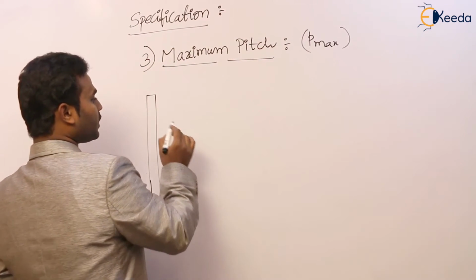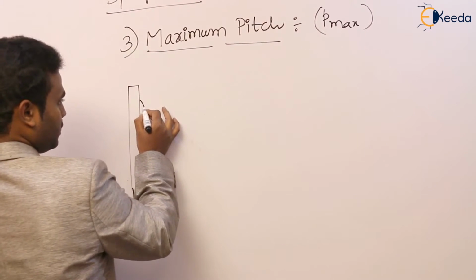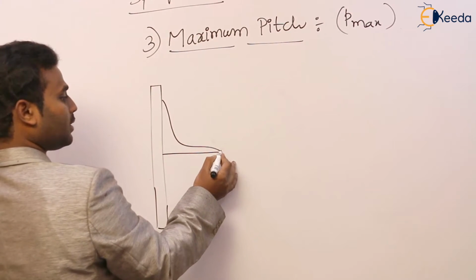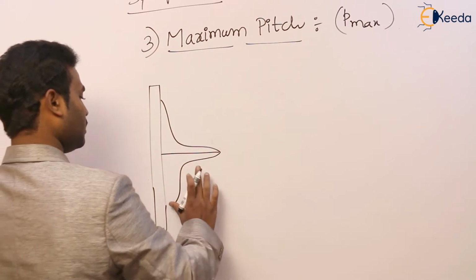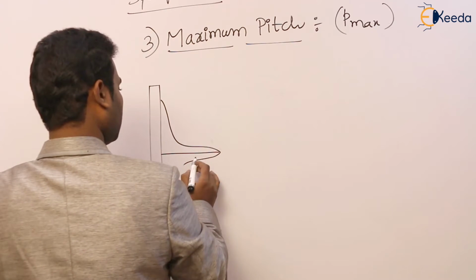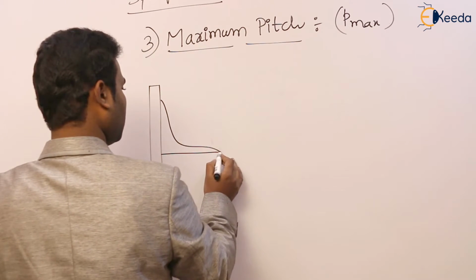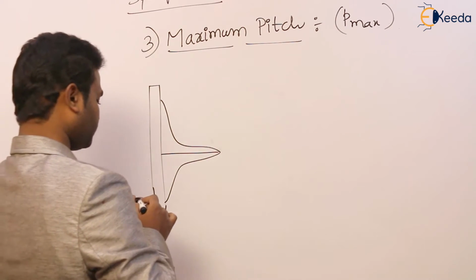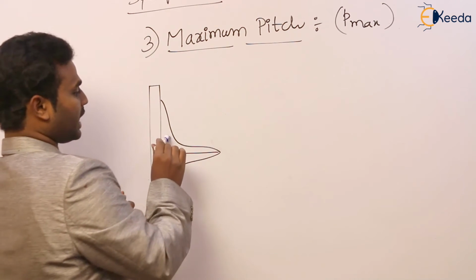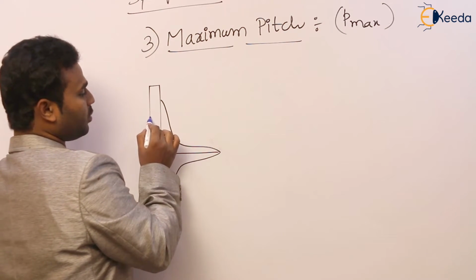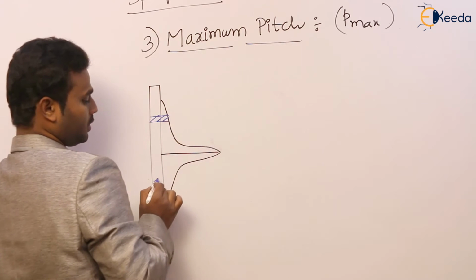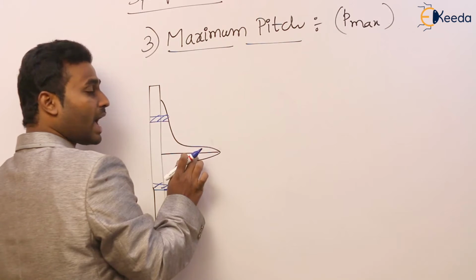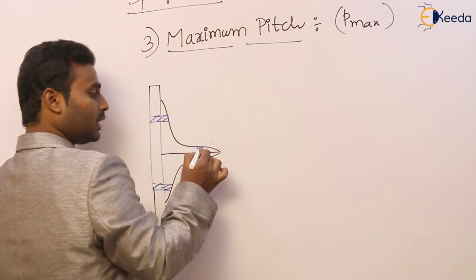To this gusset plate, we are going to connect two angles like this on the same side. So this is one angle, and this is the other angle. Clear? Now to connect this angle to this gusset plate, here we have to provide a bolt. Here also we have to provide a bolt. And to make these two angles act like a single member, here we have to provide a bolt.